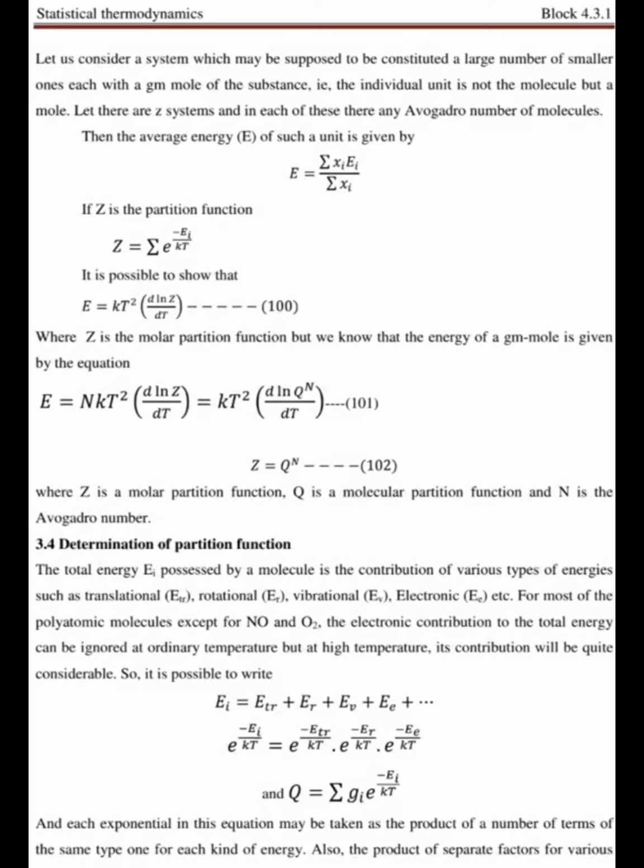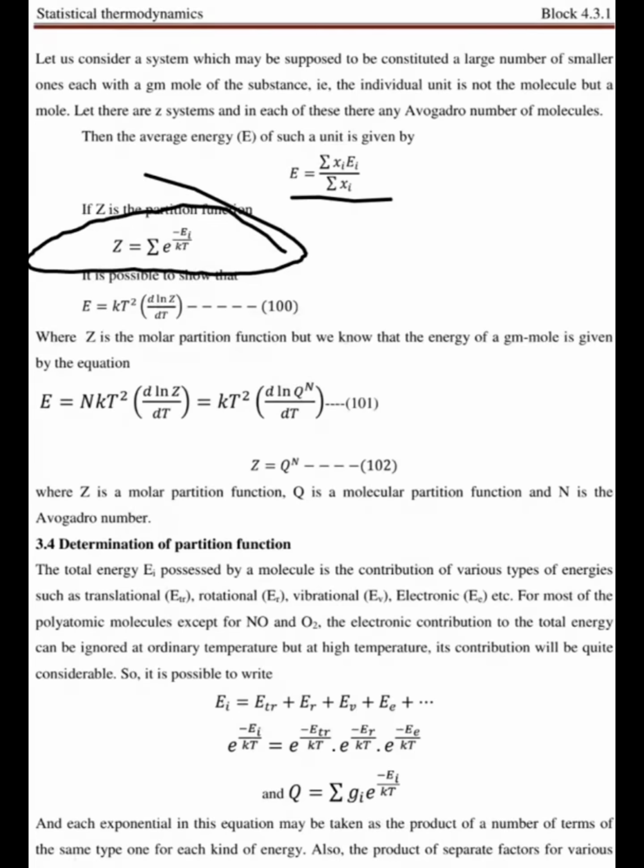The average energy here can be calculated: E is equal to summation of xi into ei divided by summation of xi. That is the partition function from the previous, where summation of e to the power of minus ei divided by kT.